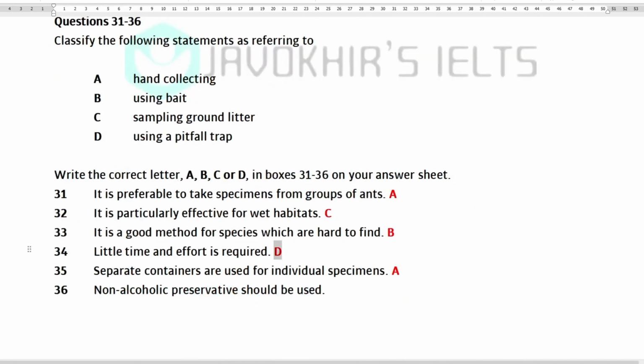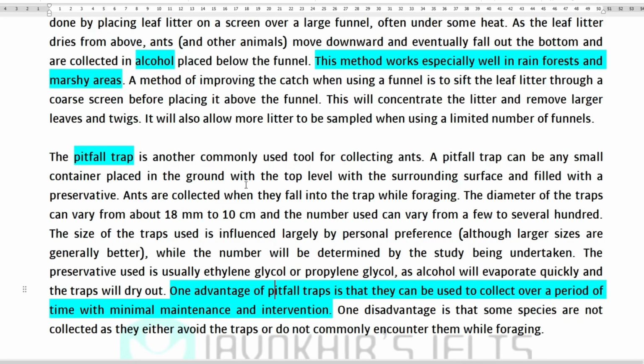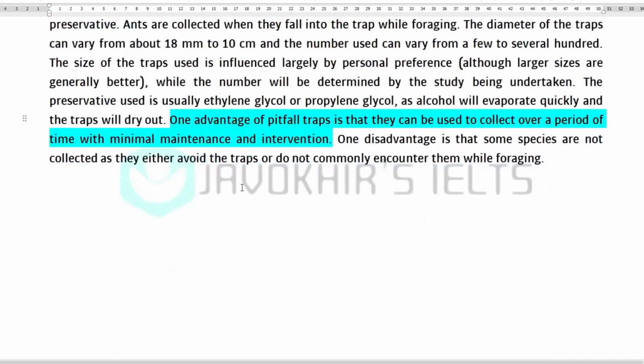Non-alcoholic preservative should be used.